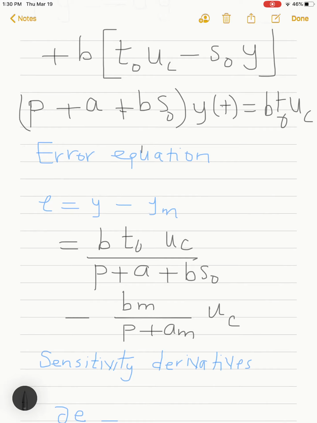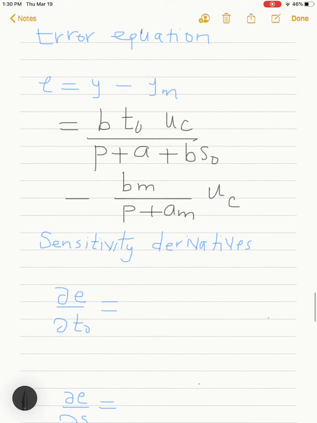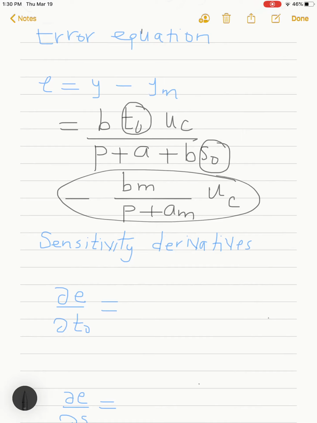Now once I get the error equation, I can calculate the sensitivity derivatives, and that's to take the derivative of e with respect to t0 and s0. Of course the second term here is not a function of t0 or s0, so its derivative with respect to any of them will be 0.